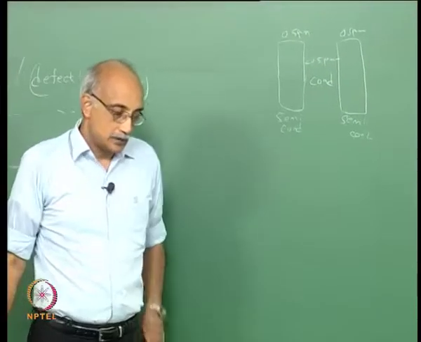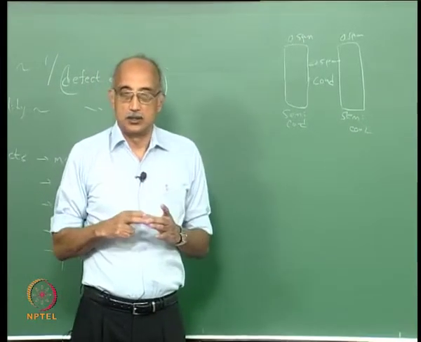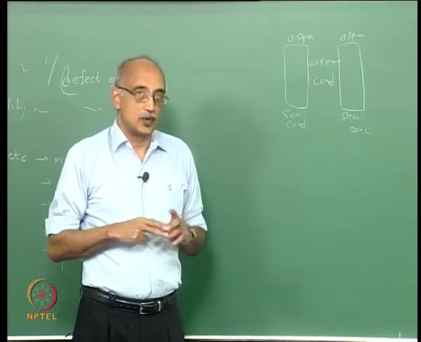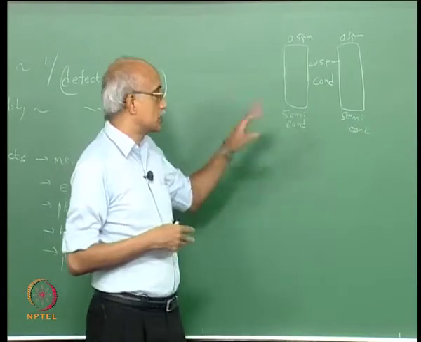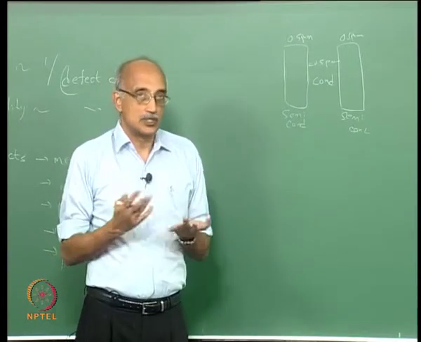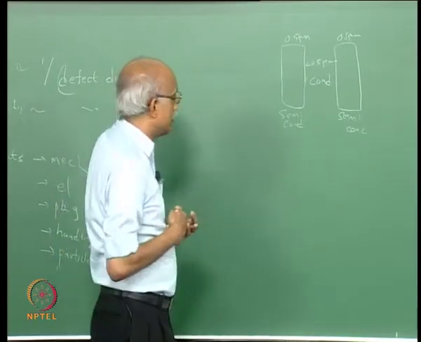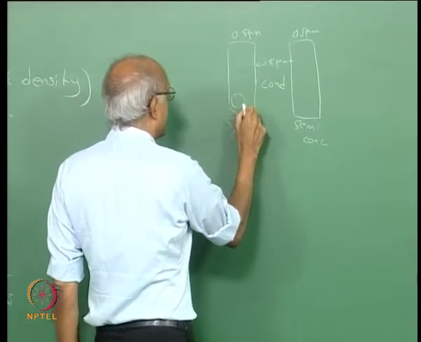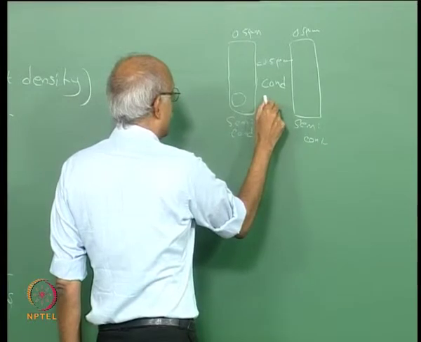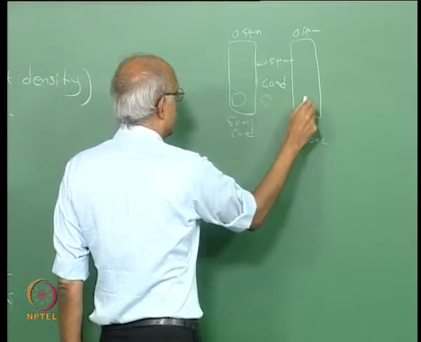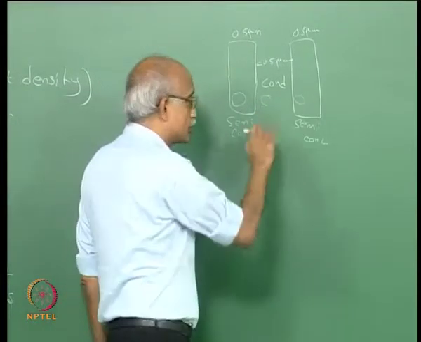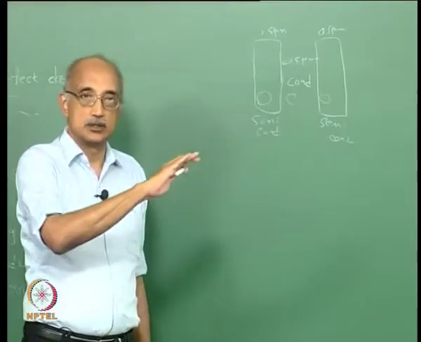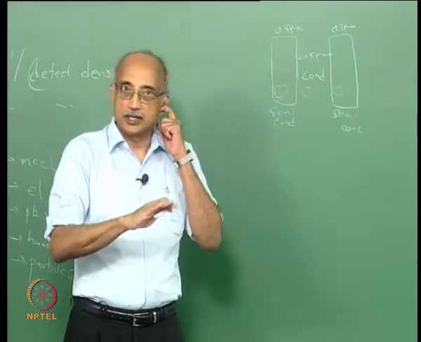Now supposing a spherical particle of diameter 0.25 microns happens to fall on this product, what's going to happen? The 0.25 micron particle can fall here, or here, or here, but there is no way that it can bridge the two semiconducting paths, right?